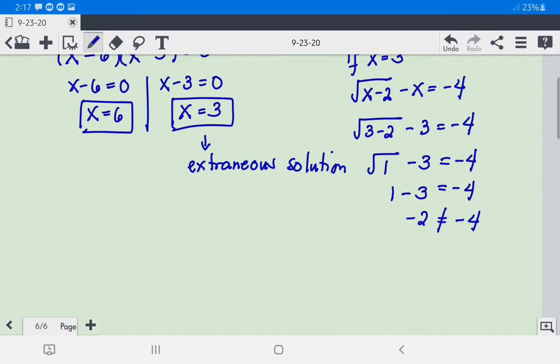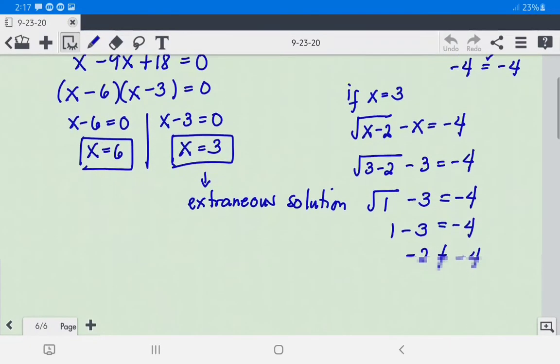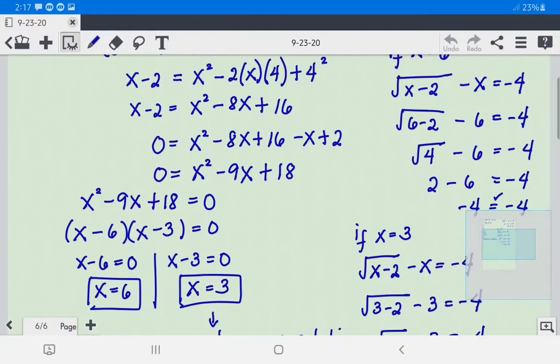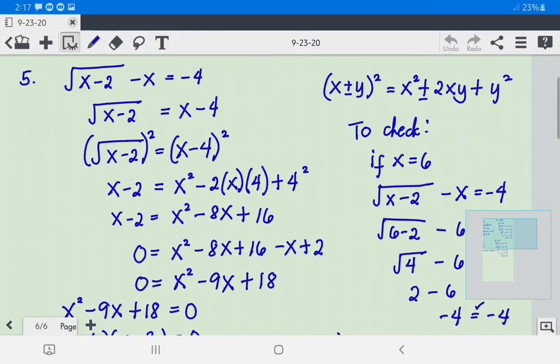So here we can say that the only solution is 6. So, the solution is 6. So, this is number 5.